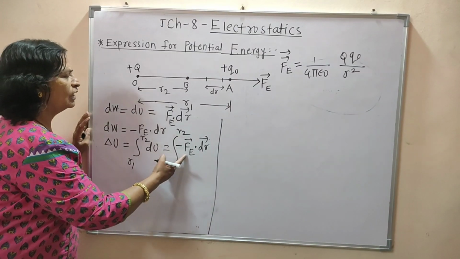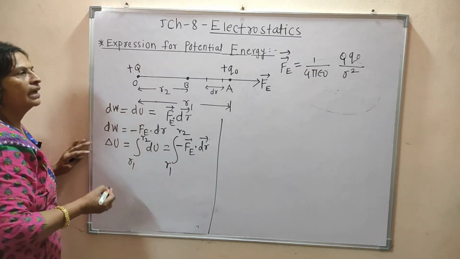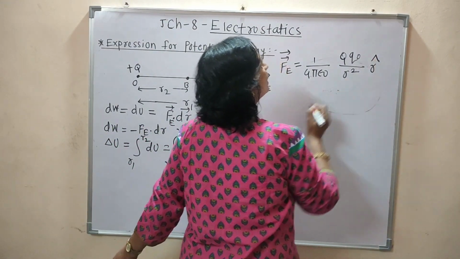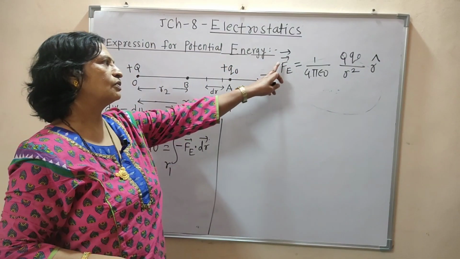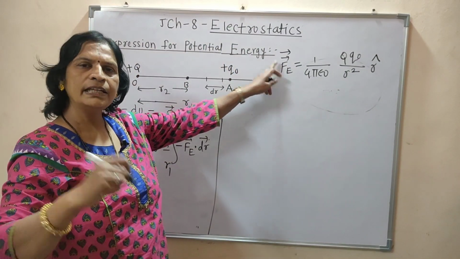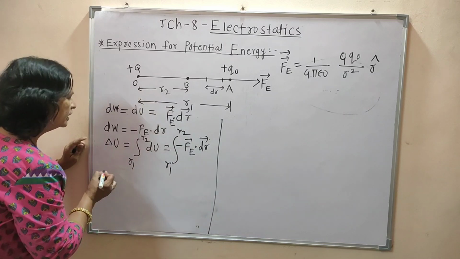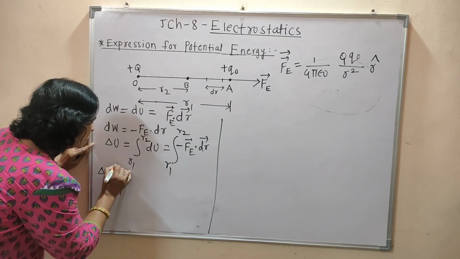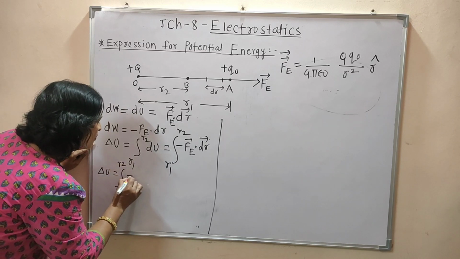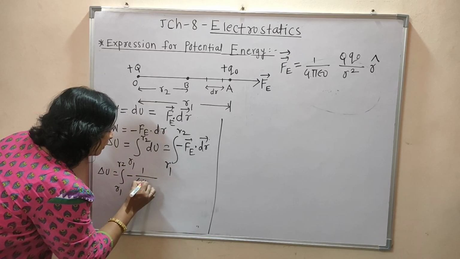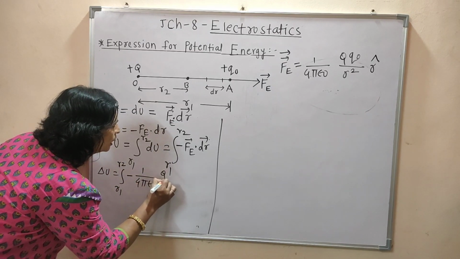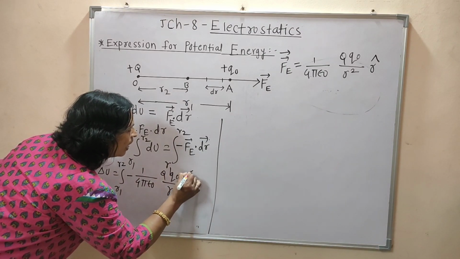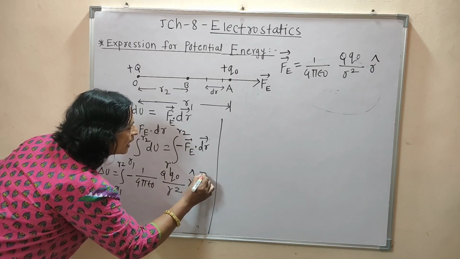If we substitute this value of Fe, in vector form we have to write a unit vector in the direction of dr. Therefore dU is the integration within the limits r1 to r2 of minus 1 by 4 pi epsilon naught, Q into Q0 divided by r square, into r cap dot dr.